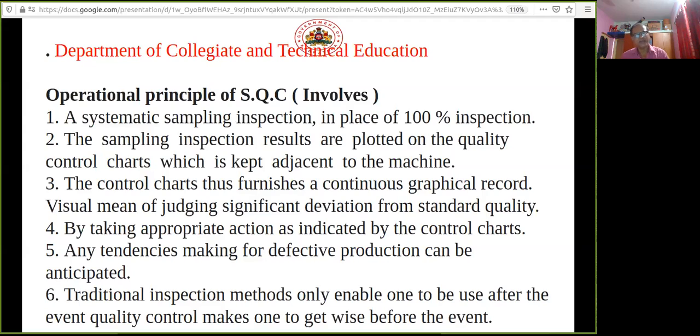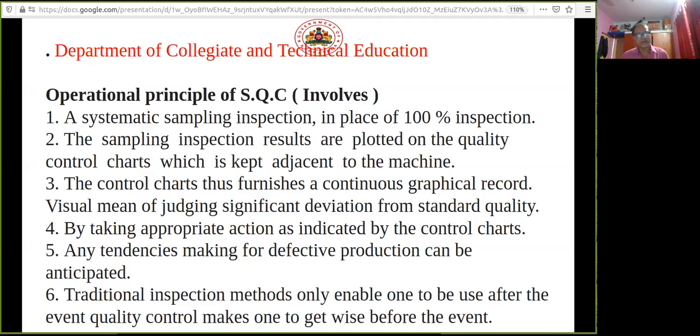So that is the second operational objective. The first operational objective is that we are using sample inspection. As you know, sample inspection is nothing but selecting a few items from the output, and then the sampling inspection results are plotted on the control charts that will be pasted adjacent to the machines. So that is the second point.